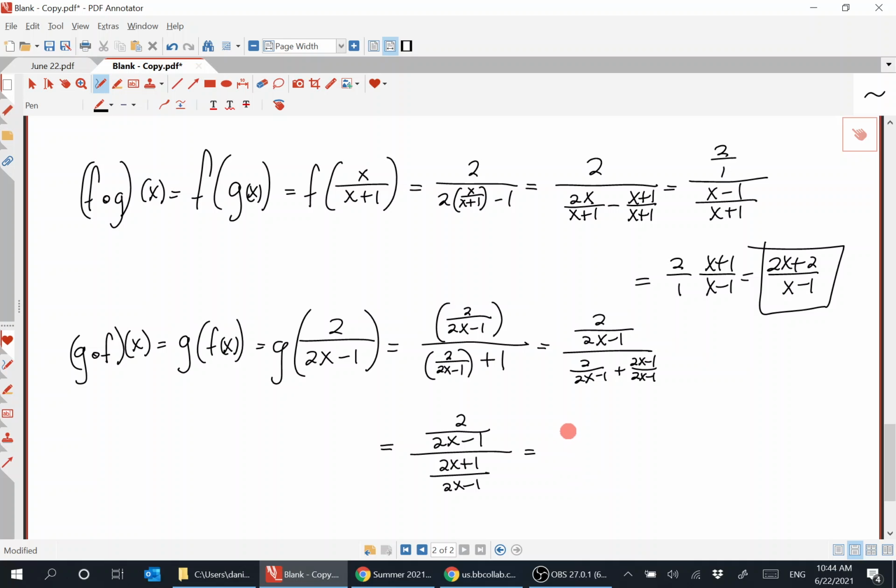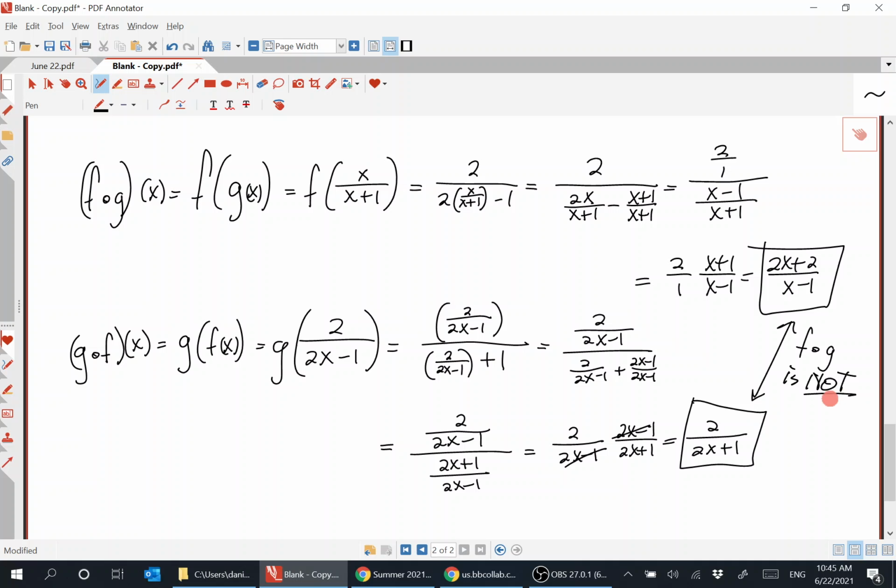Multiplying the top fraction times the reciprocal of the bottom fraction. Those cancel, and I get 2 over 2x plus 1. Notice they're not the same. F following g is not g following f.